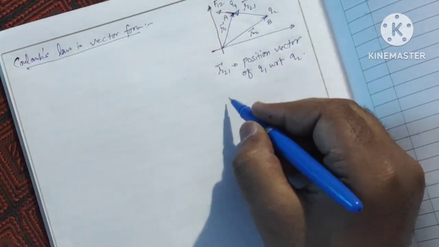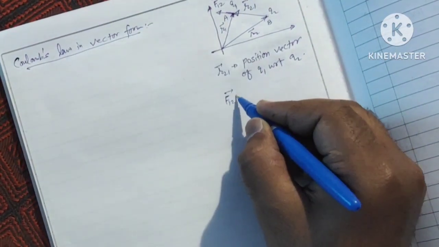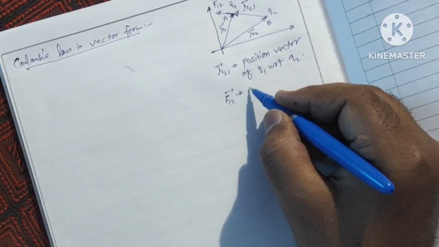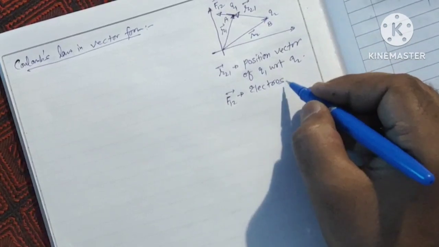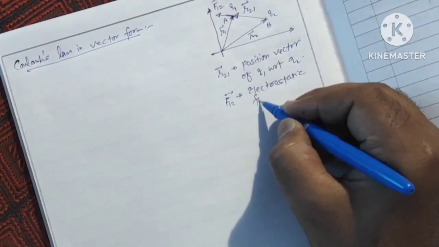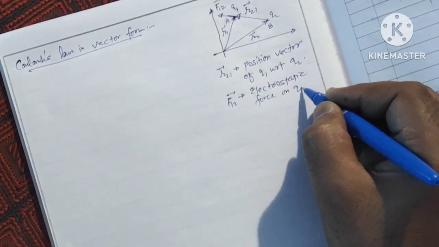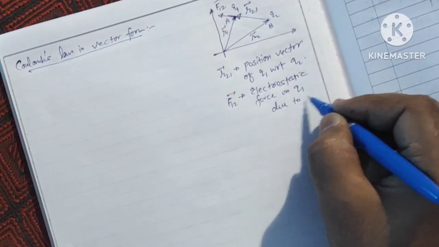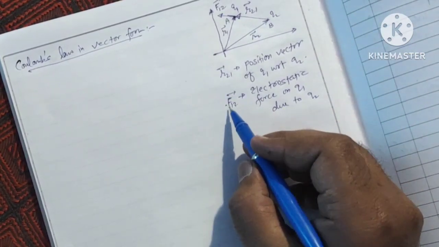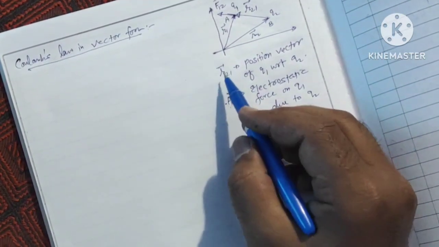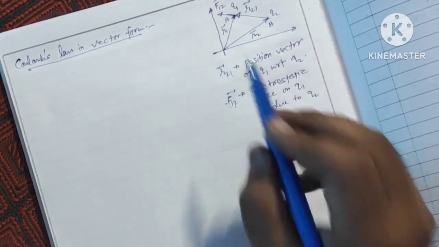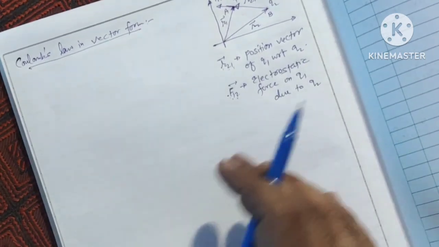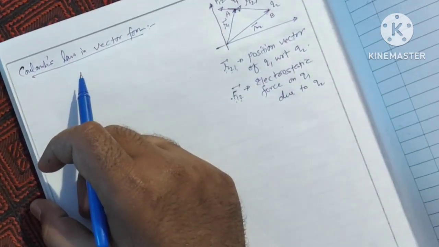And what does this F12 vector represent? This is the electrostatic force on Q1 due to Q2. So F12 is force on 1 due to Q2, while R21 is position vector of 1 with respect to 2. I think this part is clear to you all.